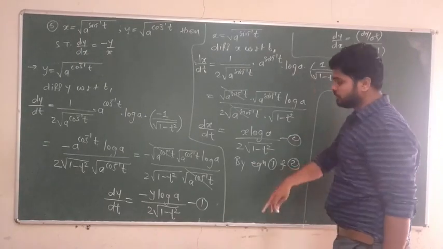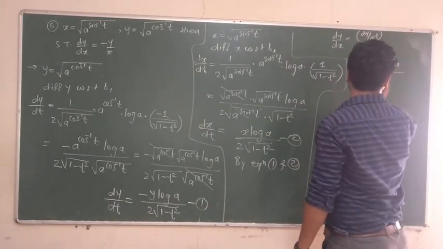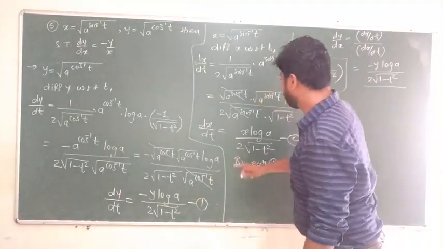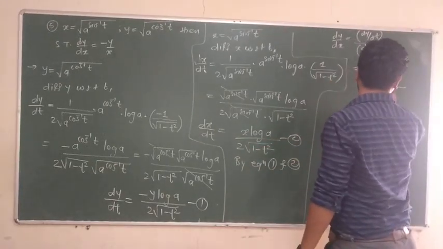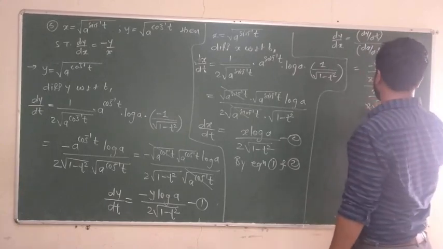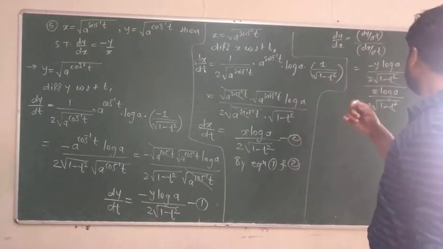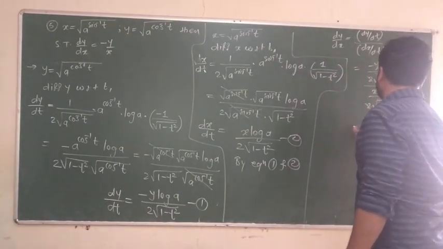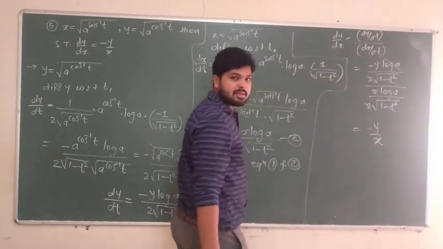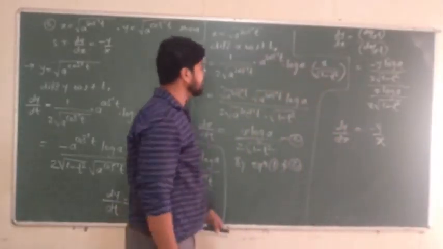Putting the value of dy by dt, which is minus y log a upon 2 root 1 minus t square, upon the value of dx by dt, which is x log a upon 2 root 1 minus t square, the 2 gets cancelled, root 1 minus t square gets cancelled, and log a also gets cancelled. What remains is minus y by x. So this is your answer for dy by dx.